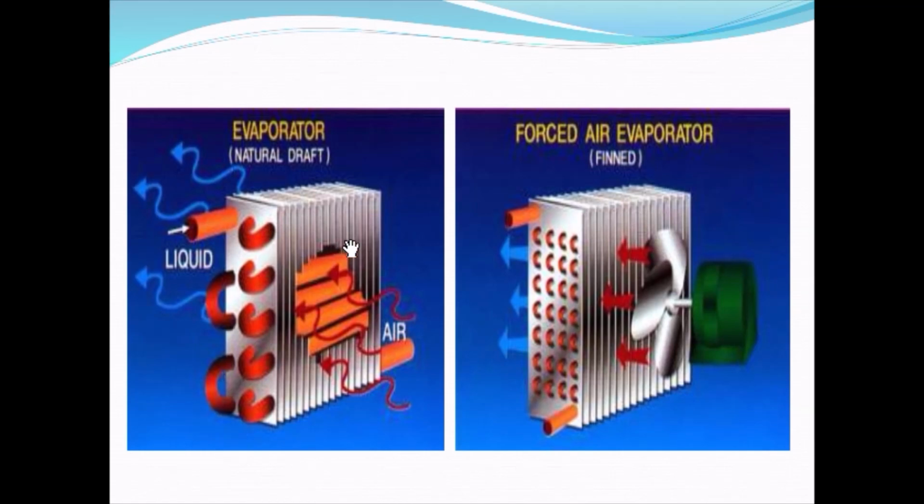Inside the evaporator will look like a spiral shape, and then we can use natural draft, or we can use forced air.